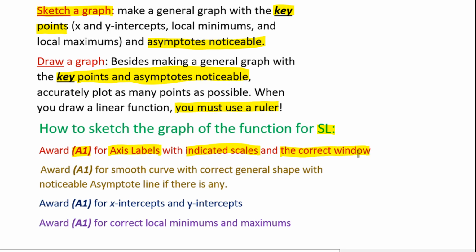Second mark, a smooth curve with the correct general shape with a noticeable asymptote line, if there is any. Third mark for x-intercepts and y-intercepts. The fourth mark for correct local minimums and local maximums.